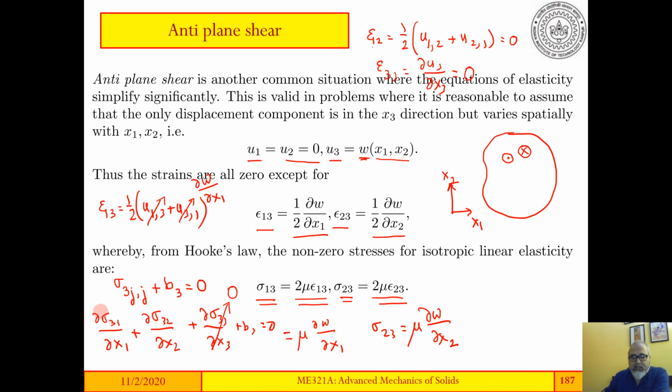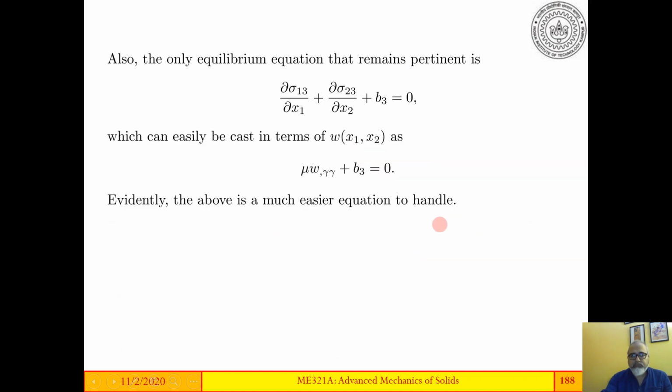And then this sigma 3 1 is mu times del w del x1. So del x1 of that would lead to mu times del square w del x1 square. Similarly, del x2 of sigma 3 2 would lead to this. And when you put that together, this is what you will get.